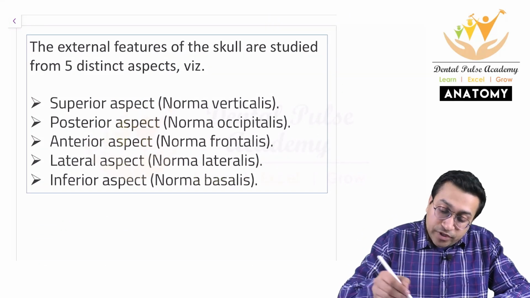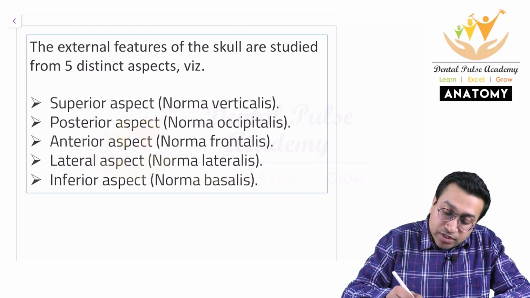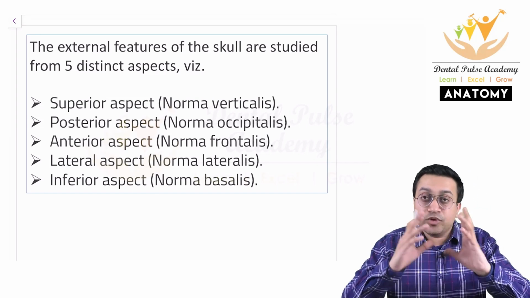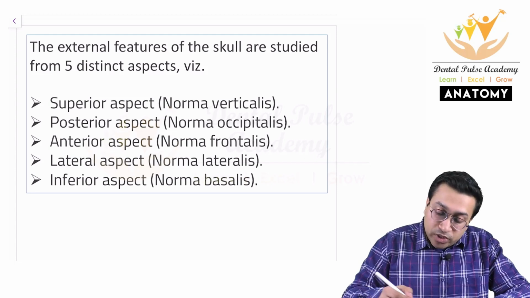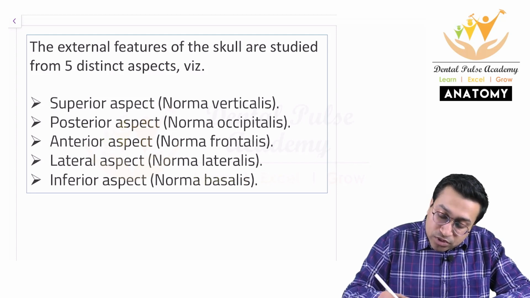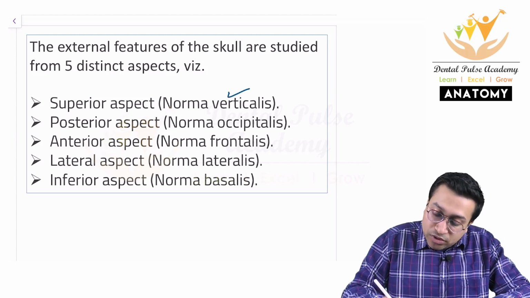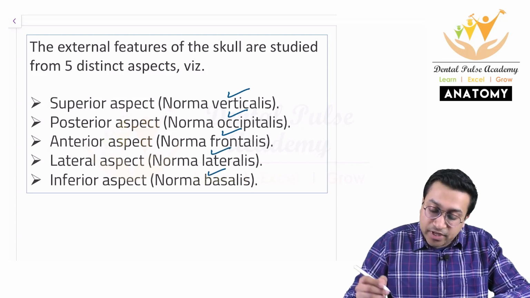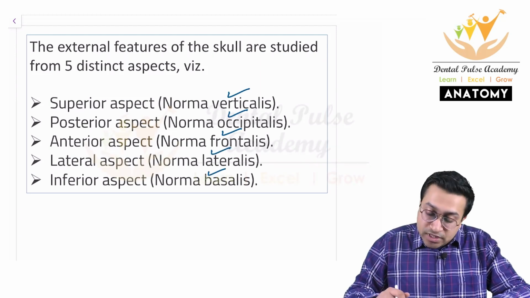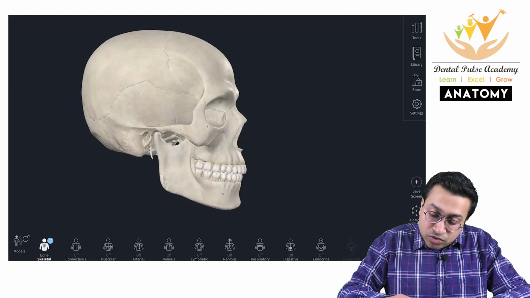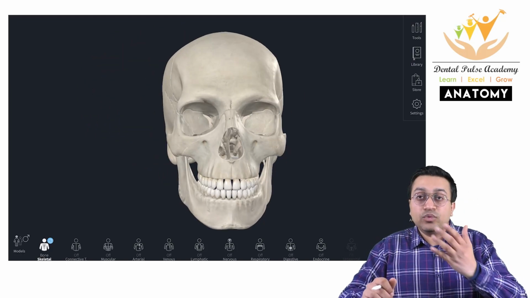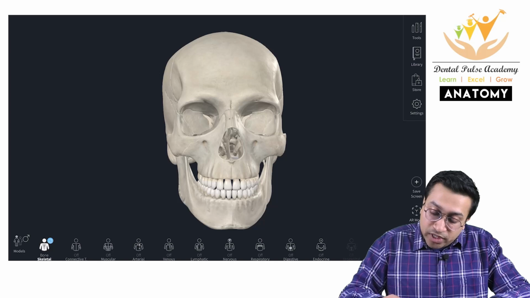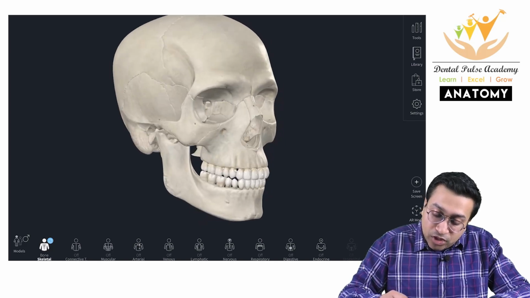Now there are different aspects from which we can see these views. We can say we are viewing the skull from different angles. These are the views: norma verticalis, occipitalis, frontalis, lateralis and basalis. You can see this in this image. The first one is the front view of the skull, norma frontalis.